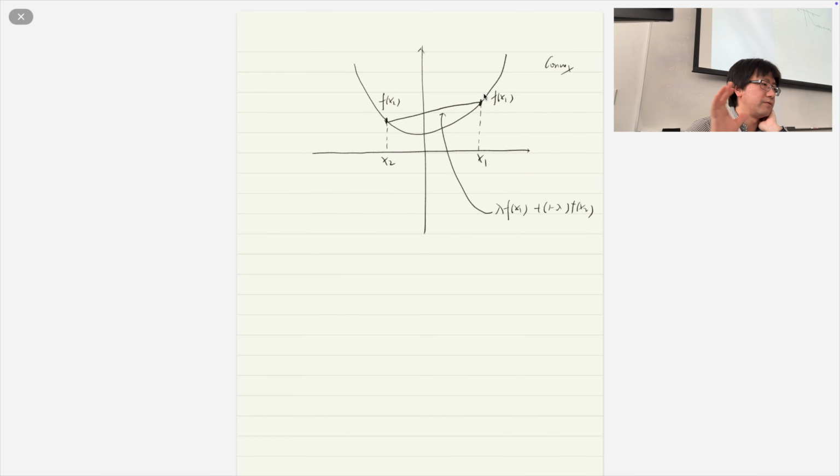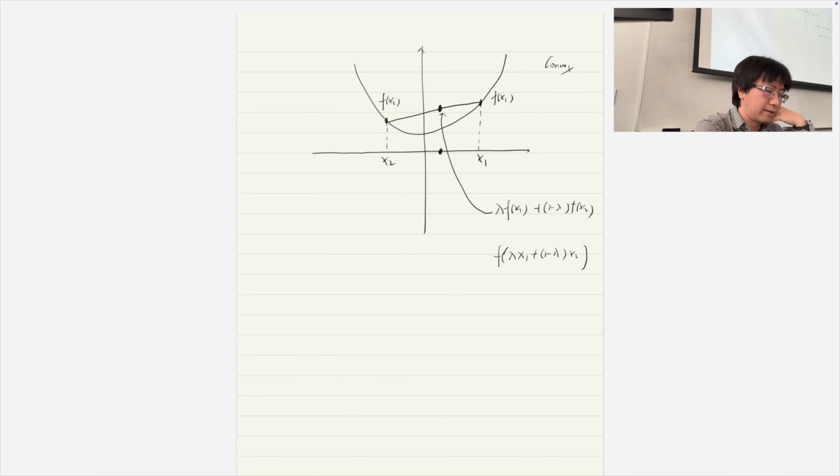If we fix x1 and x2, this value will be here. So that's the value of this guy. But if we consider this value, f of lambda x1 plus (1 minus lambda) x2, we do a linear combination of x1 and x2, so there will be some value here.